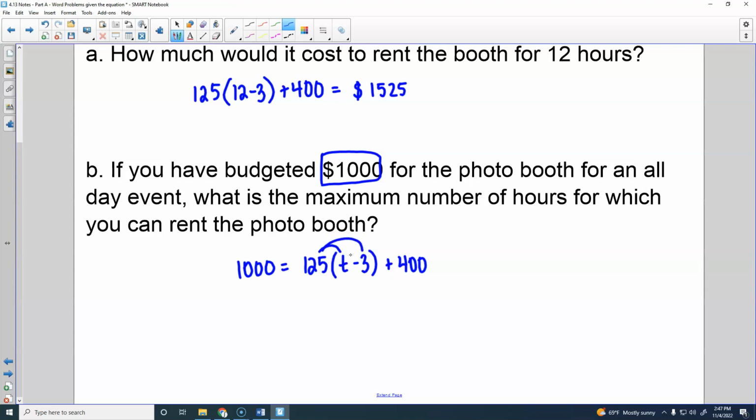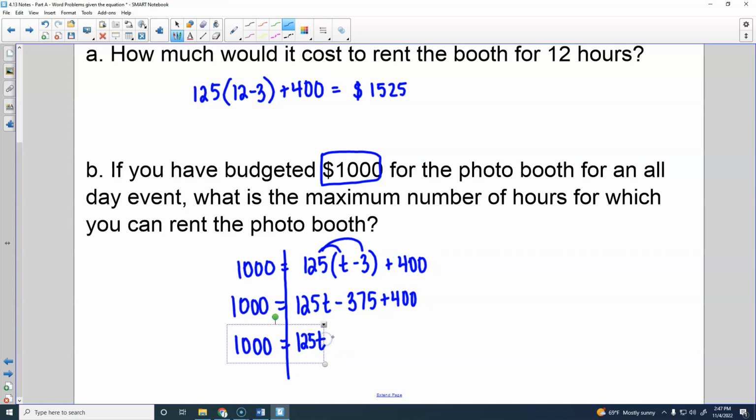Okay, so if we want to solve this, I'd start by distributing that 125. So I got 125 T minus 375 plus 400. If I combine my 375 and the 400, I'm going to get 125 T plus 25.